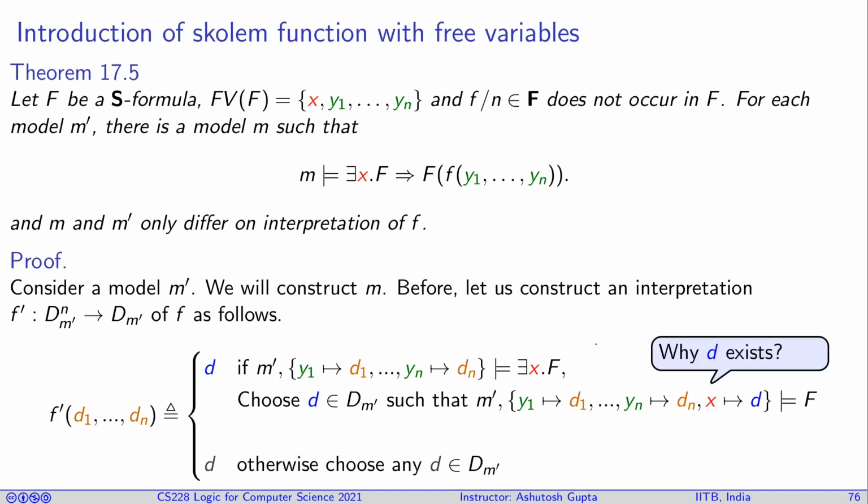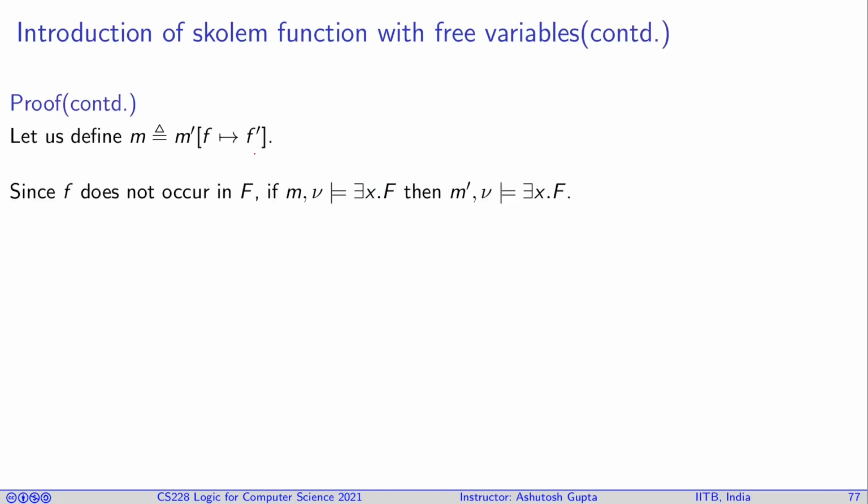If it does not satisfy, then we return any d. This way we construct an f prime which is a well-defined function. Using this f prime, we will modify M prime and obtain M. We map f to f prime. Since f does not occur in F, if M prime satisfies the formula, then M also satisfies this formula.